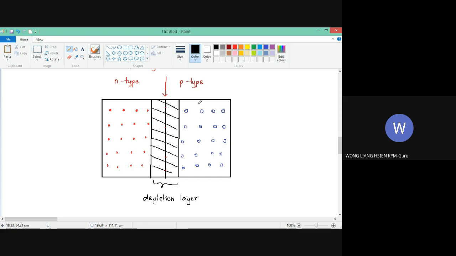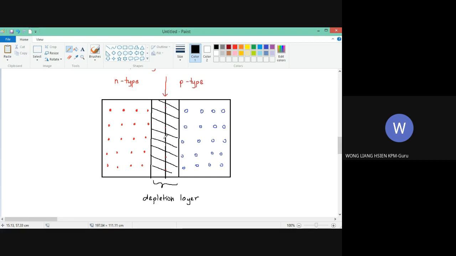Because of this depletion layer, all the other electrons here will not be able to continue to go to the P-type and fill in the hole. So only the area around the junction will have depletion layer. The depletion layer will not spread all over the semiconductor.